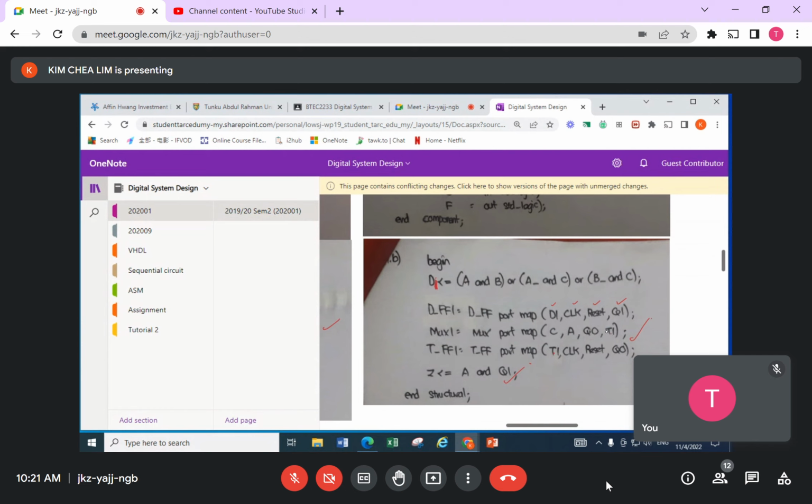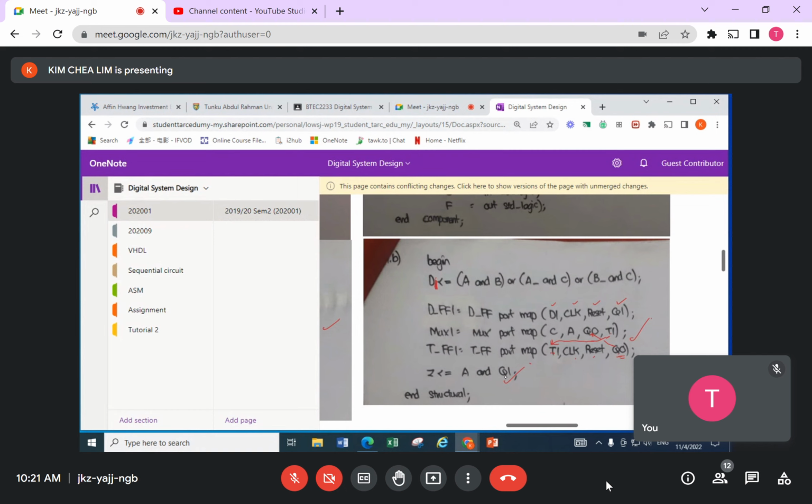No. So therefore, this one must be a wire. This wire now joins to this point. Then we have our clock, we have our reset, and Q0 is also a wire. With this wire, you can join to here.